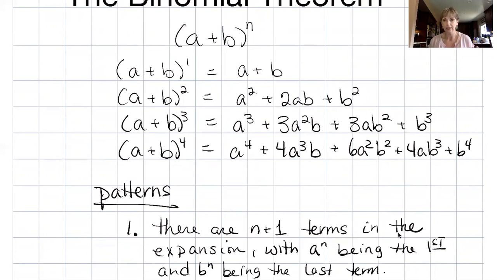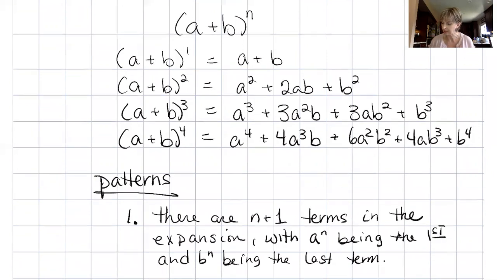So take that last one, a plus b to the fourth. That means there are 5 terms in that expansion, n plus 1. So 1, 2, 3, 4, 5 terms, n plus 1. The first term being a to the n, the last one being b to the n. So that's the first pattern that emerges, n plus 1 terms in any of the expansions.